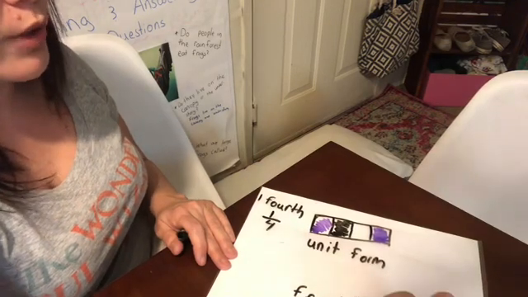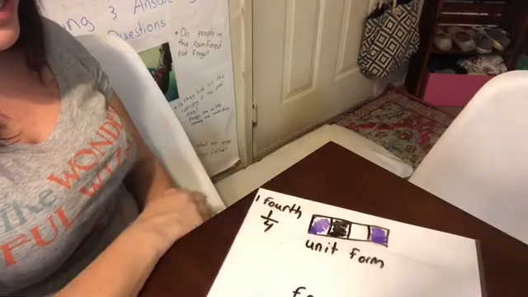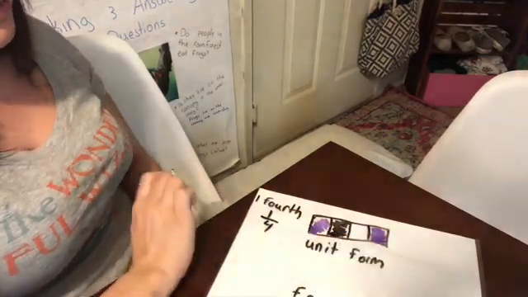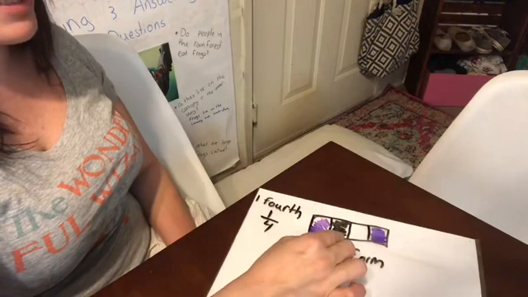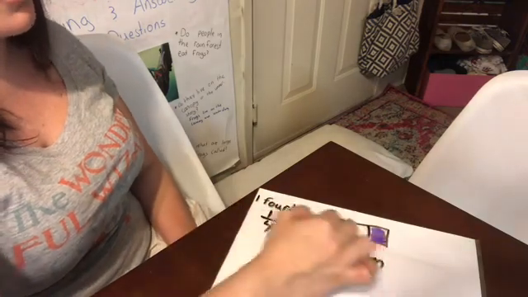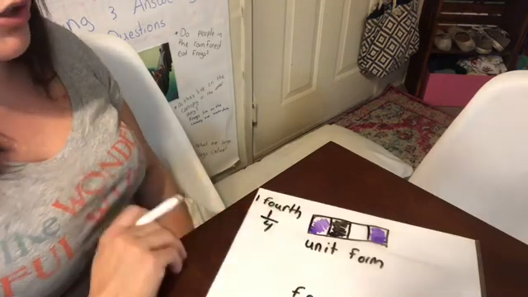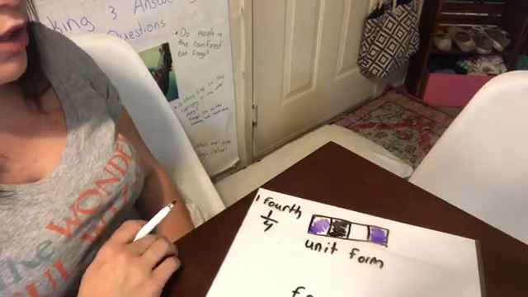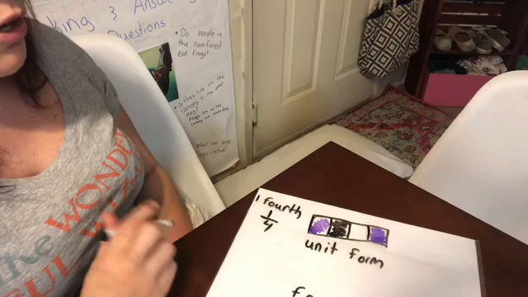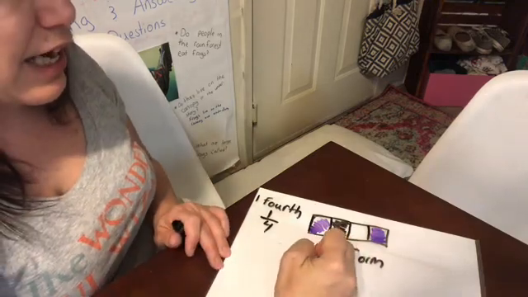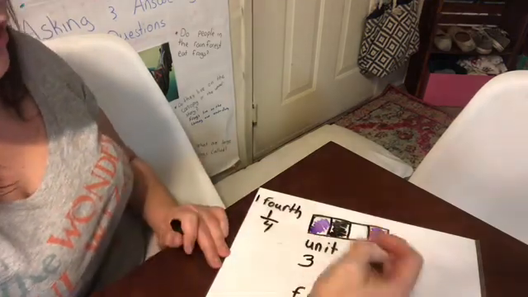Again, what you are doing is you've shaded in 1/4, and then you've made 2 copies of 1/4 by shading in that part 2 new different times. Then write it in unit form and fraction form. Okay, third graders, I can see that I have 3 parts shaded in.